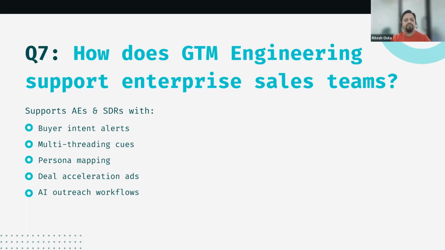So I think the first thing that is going to be supported is buyer intent and signal alerts. Then multi-threading cues, right? For example, if you have 4 different products and 5 different ICPs, that's 4 into 5, 20 permutations and combinations. For the human mind, after a certain point, it becomes too complex, right? I think this is where AI can play a good role.